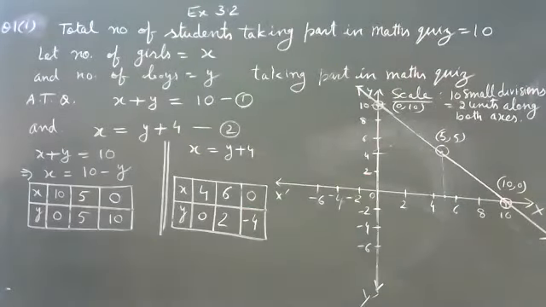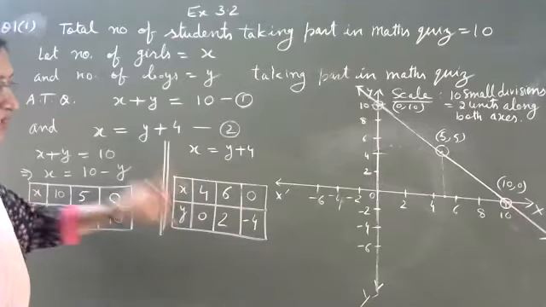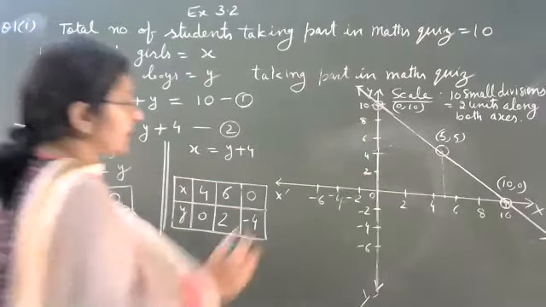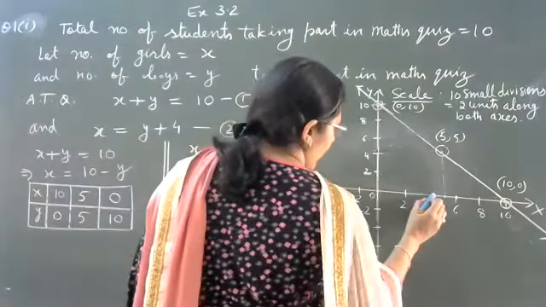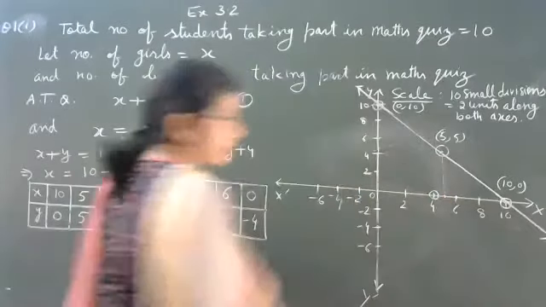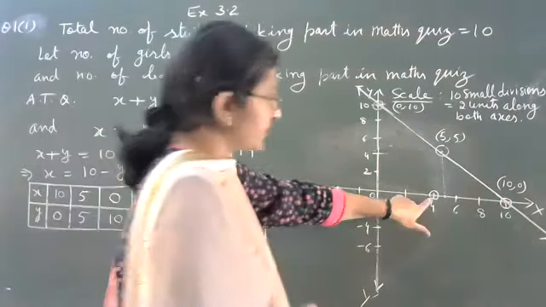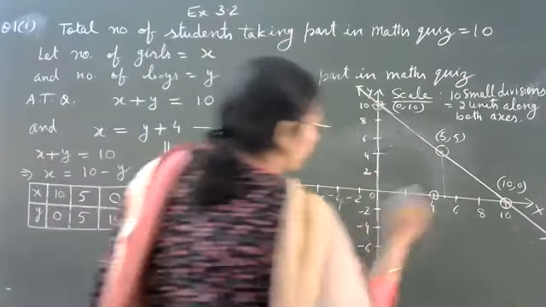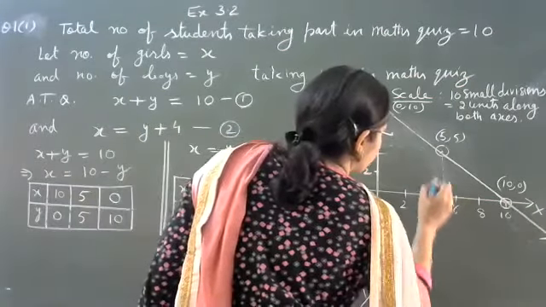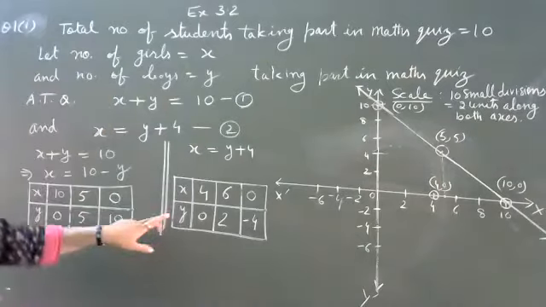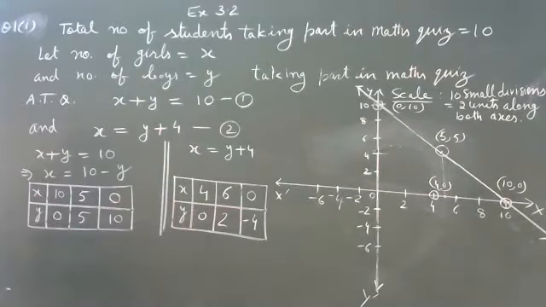Now we are going to plot graph of second line. So here first value 4, 0. Here x is equal to 4 and y is equal to 0. This point is 4, 0. Write the coordinates. Second is 6, 2.